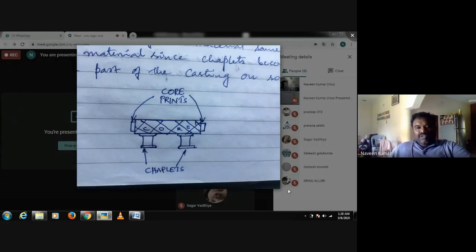Dry sand cores are produced separately, baked at 110 to 240 degrees centigrade, and are appropriately placed within the mold cavity.